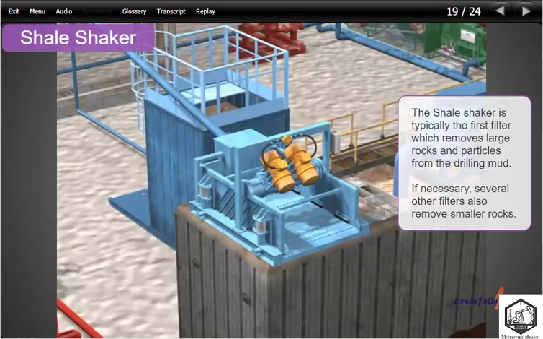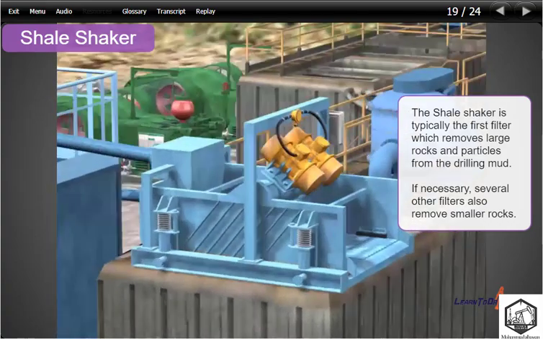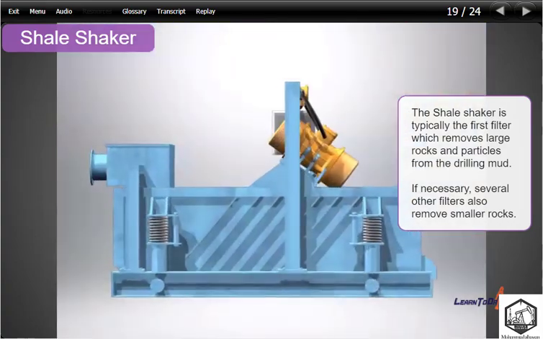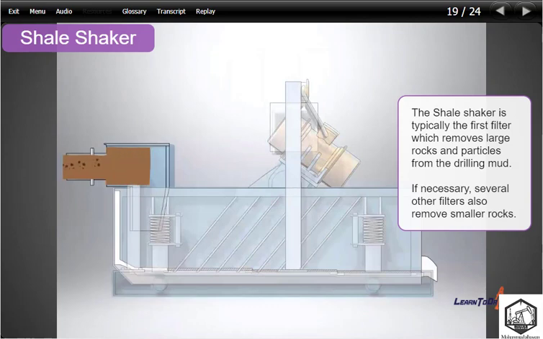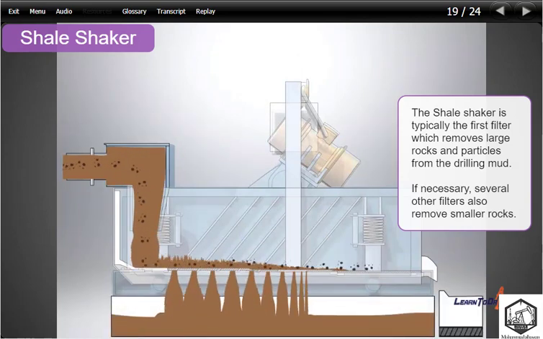The shale shaker is typically the first filter which removes large rocks and particles from the drilling mud. If necessary, several other filters also remove smaller rocks.